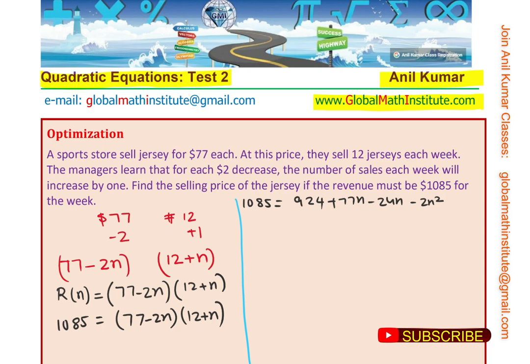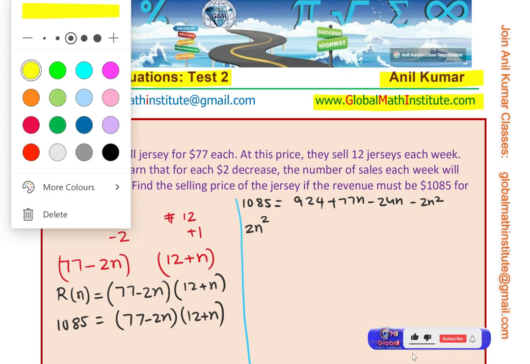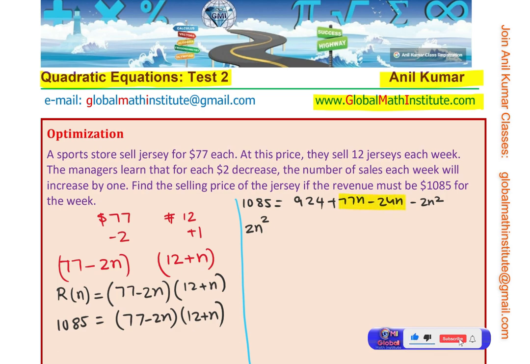Bringing the terms together, we get 2n square. I'm just bringing them on the left side. And combining these two, 77n and minus 24n, we get 53n. When I bring it on this side, it becomes minus 53n, right?